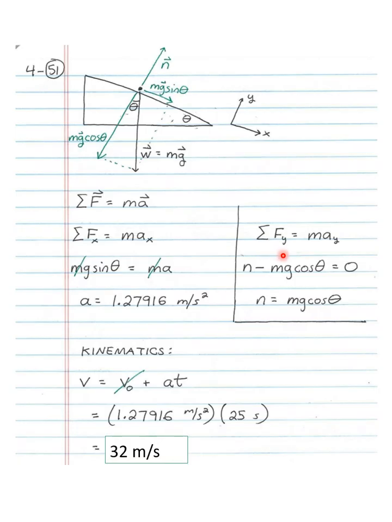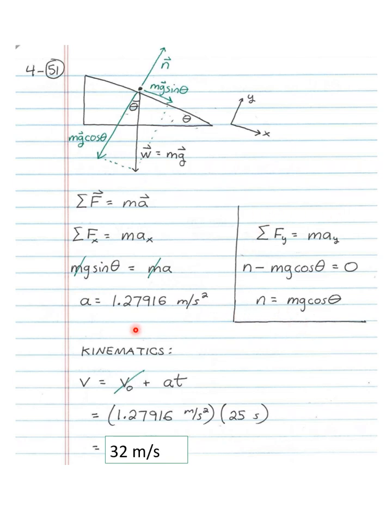So we have N minus mg cosine theta equals 0, because there's no acceleration in the y direction. And we get that the normal force is mg cosine theta. That doesn't help us in any way to solve this problem. However, if the problem had involved a slope with friction, then friction is related to normal force, so we would need that. But we'll just put that off to the side and think about it for another problem.